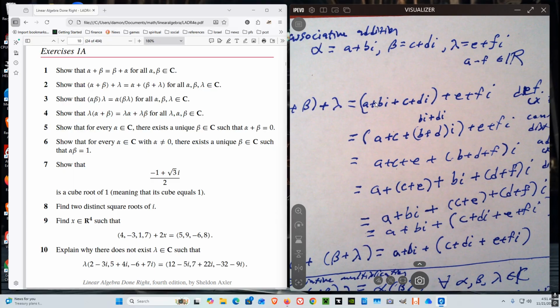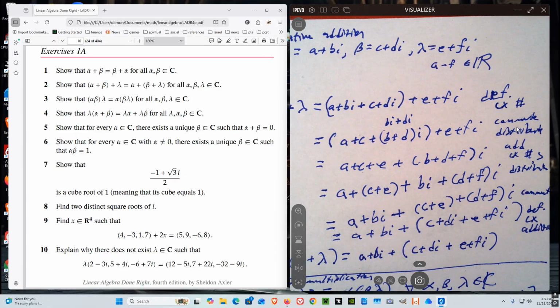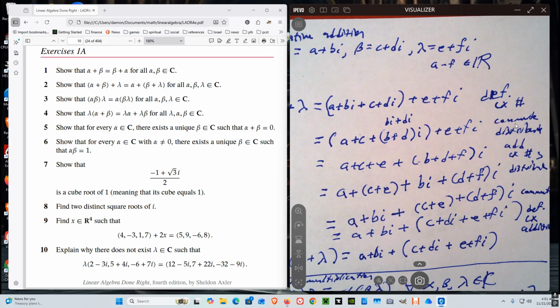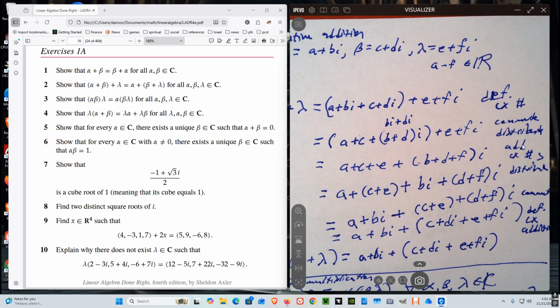So using the definition of addition, the A and the C combine and the B and the D combine in the parentheses. Then using the definition of complex numbers, this is not right on the right-hand side here.